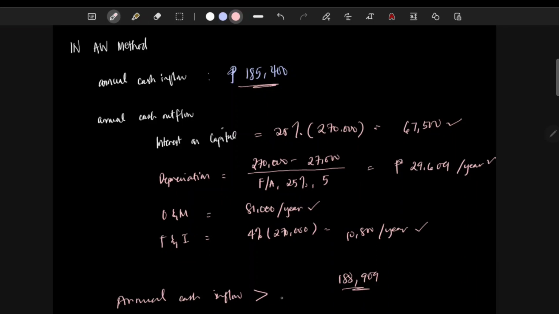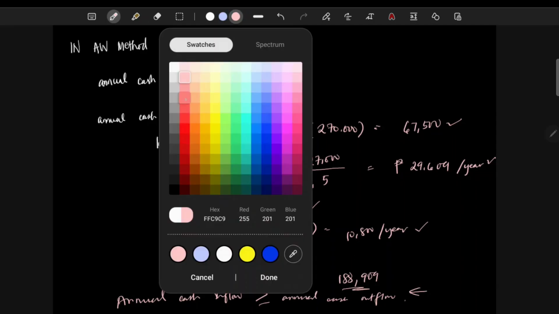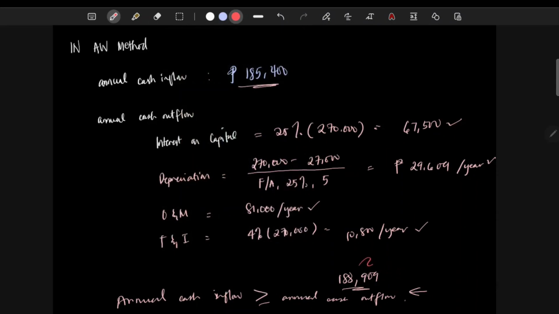So if the annual cash inflow is greater than or equal to the annual cash outflow, then the investment is justified. But as you can see, the cash outflow is greater than the cash inflow. Therefore, it exceeds by more than 3,000.